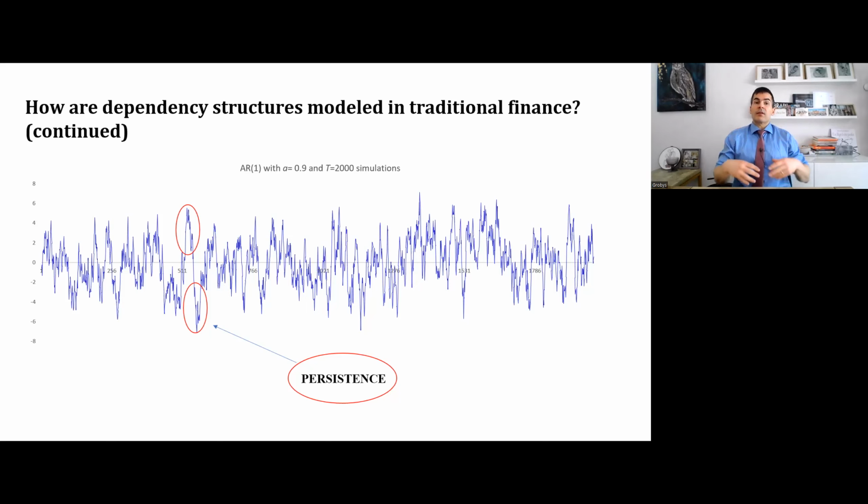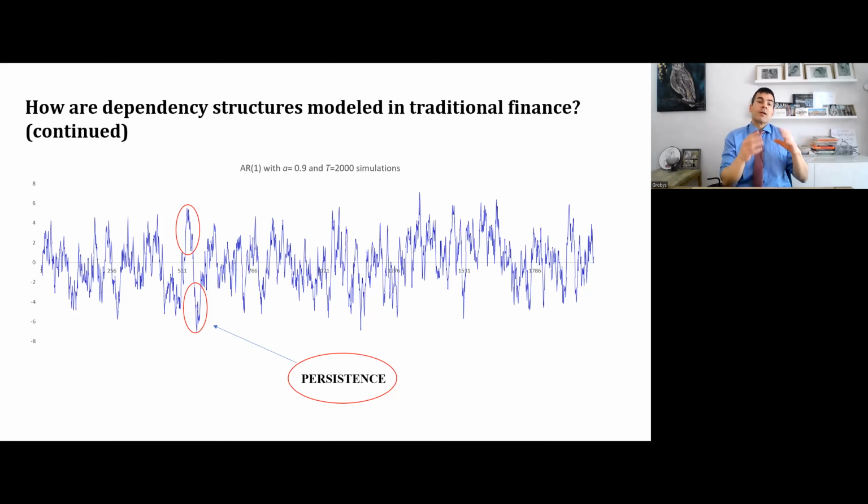So autoregressive processes of order 1 are persistent if the parameter A is larger than 0 but smaller than 1, and it is modeling anti-persistence for parameters that are from 0 to minus 1.